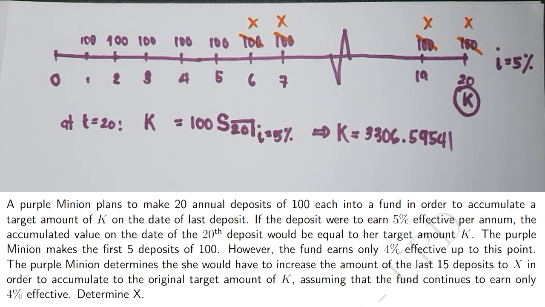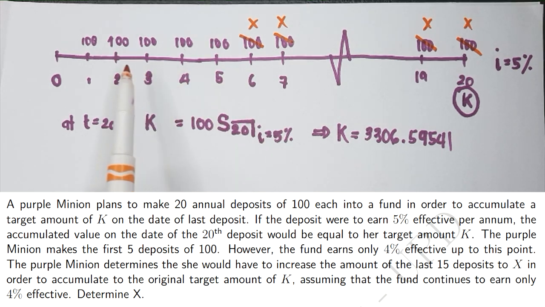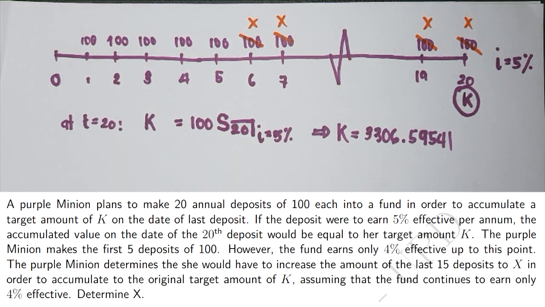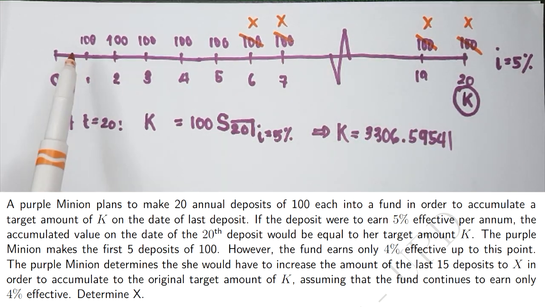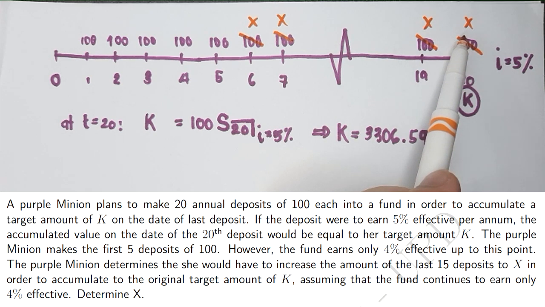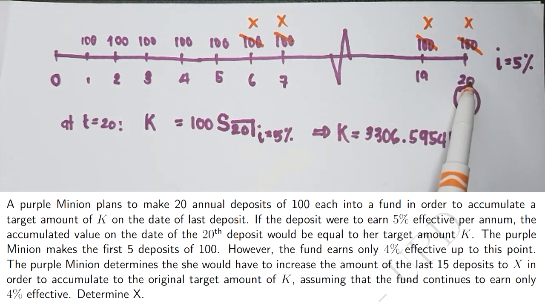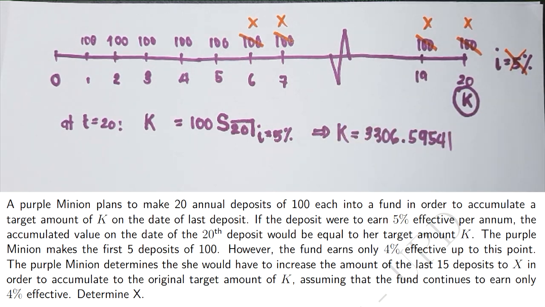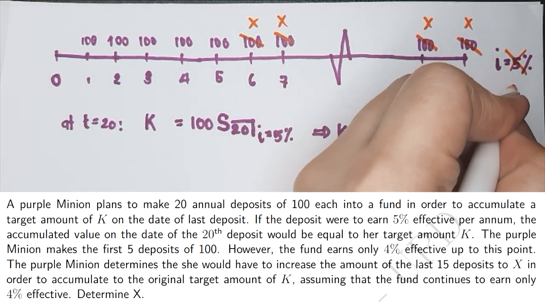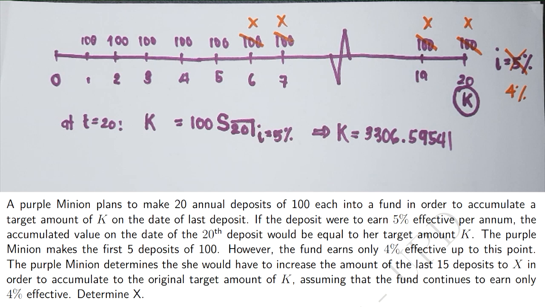Now, we set up a new equation. Kasi, magbabago na yung series of payments. We have here 5 100s and then 15 na X. We try to accumulate these values here using i equals 4%.